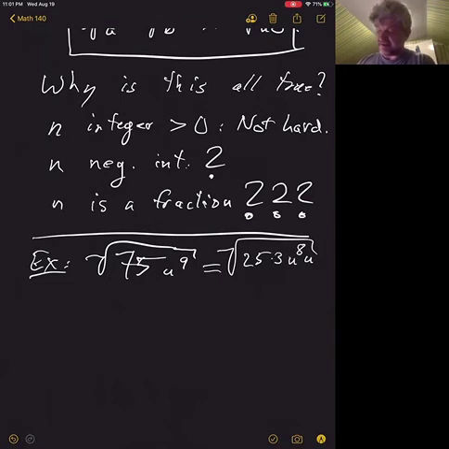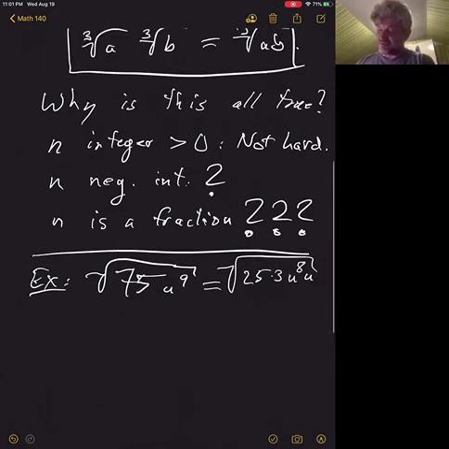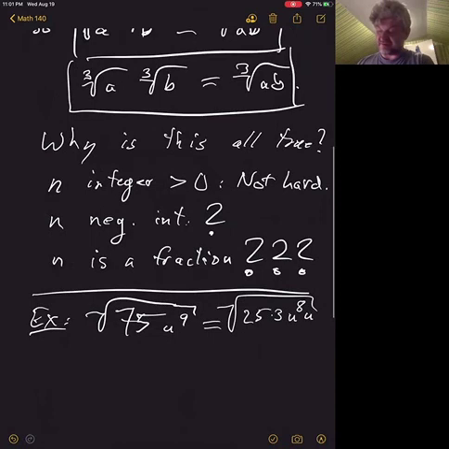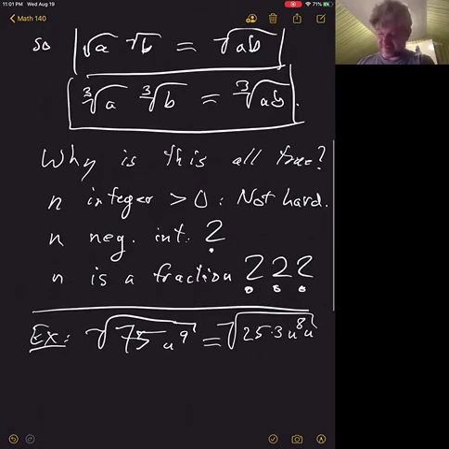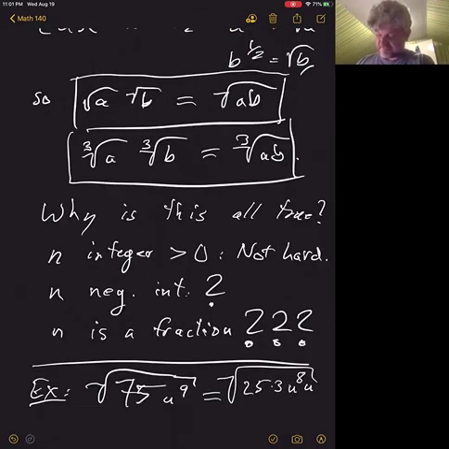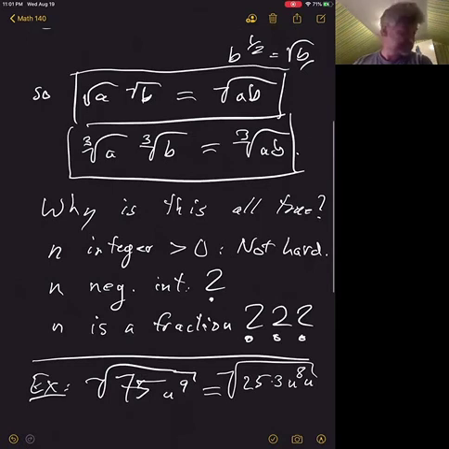And then we can apply this rule at the top of the screen several times to break up this square root. Right?